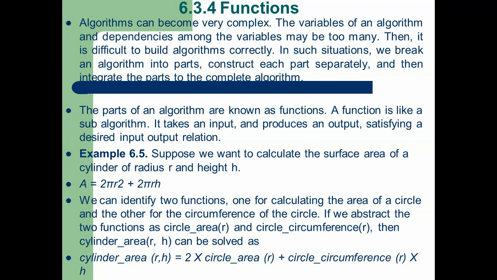A function is like a sub-algorithm. It means an algorithm which was very complex is divided into small algorithms, and the small algorithms are separately designed. After designing, the small algorithms are combined into a big algorithm. This is called a sub-algorithm, and this is called a function.